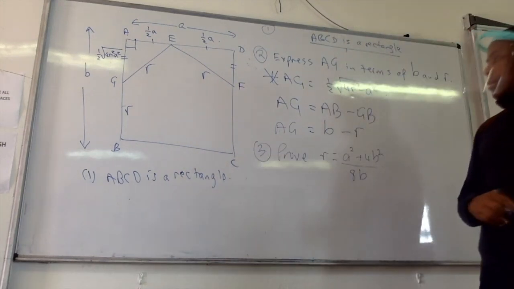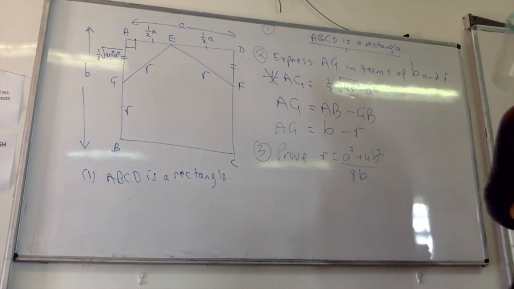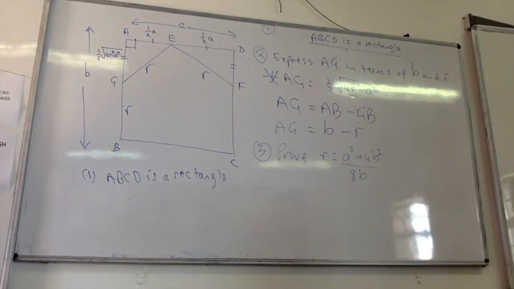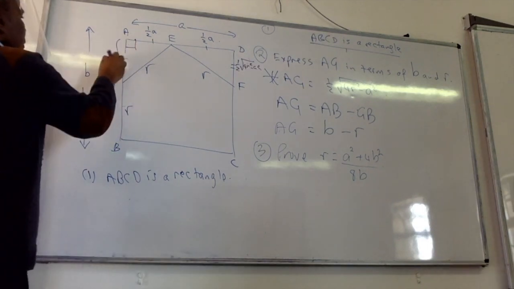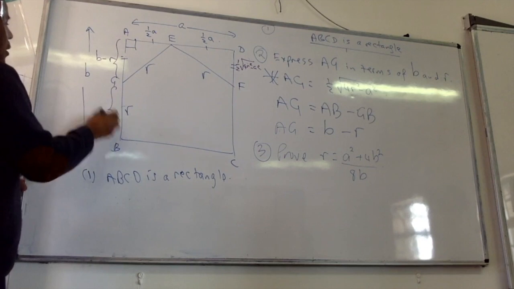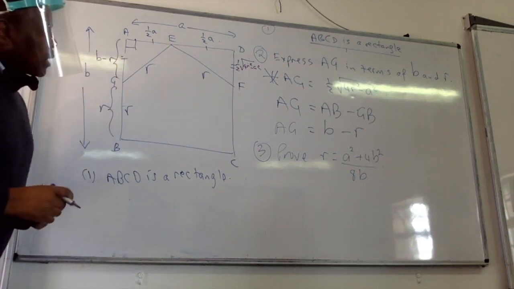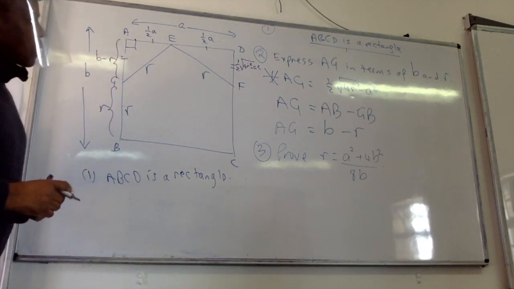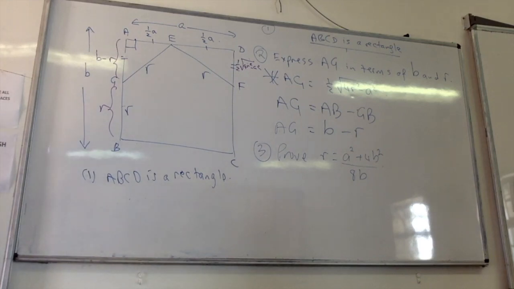Prove that r is equal to all that. And we know that AG is equal to b minus r. This one here is now b minus r because this is equal to r. And we want to prove that r can be written as a squared plus 4b squared, all divided by 8b.